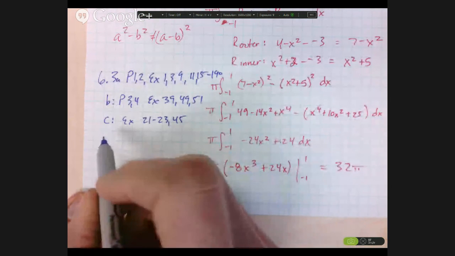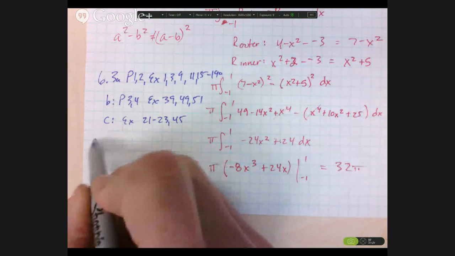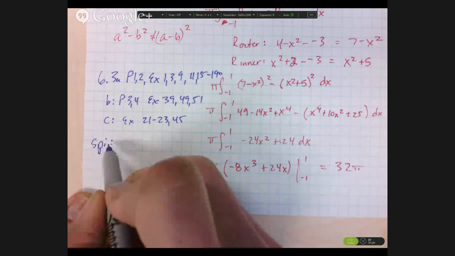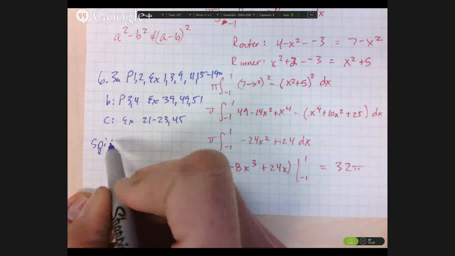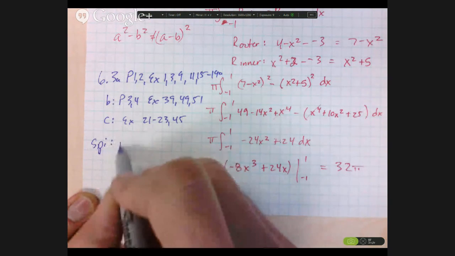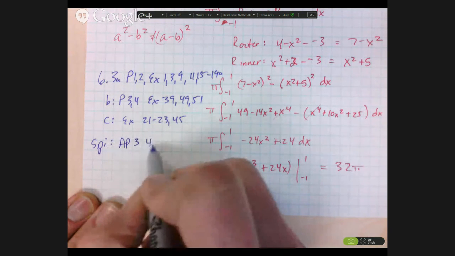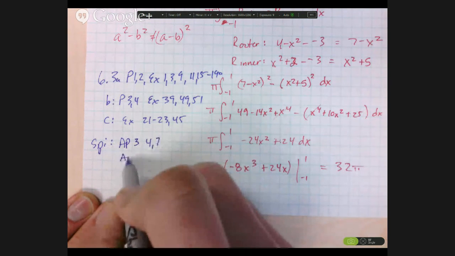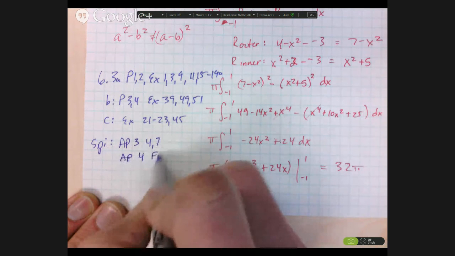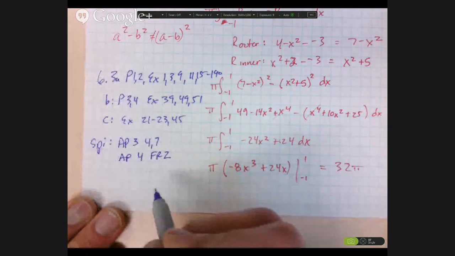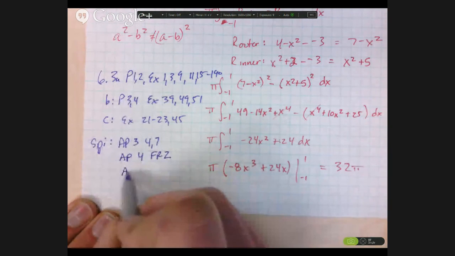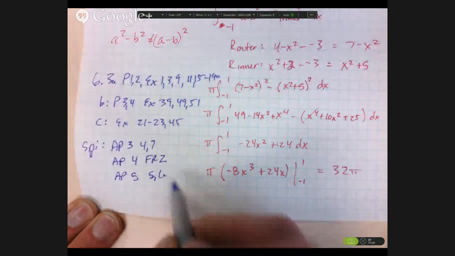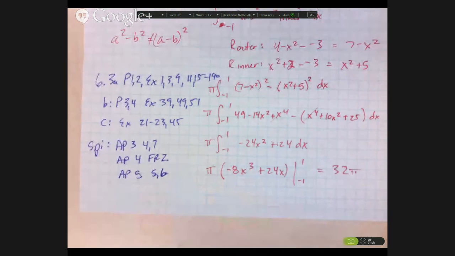We'll do that on Tuesday. And then the spiraling: AP 3, 4, and 7. AP 2 and 6. There you go. Toodles.